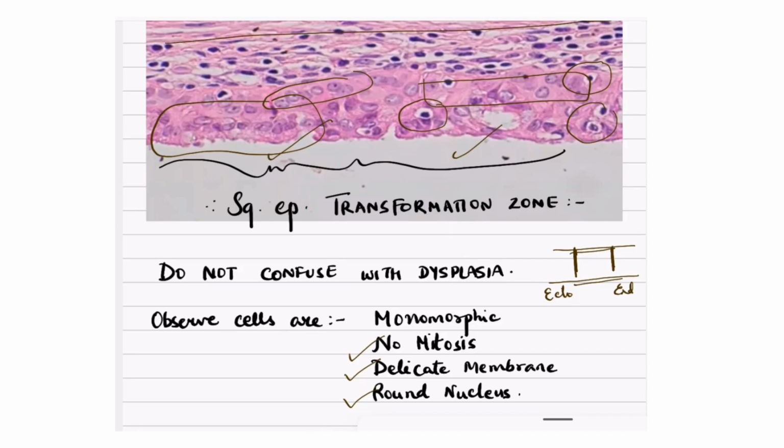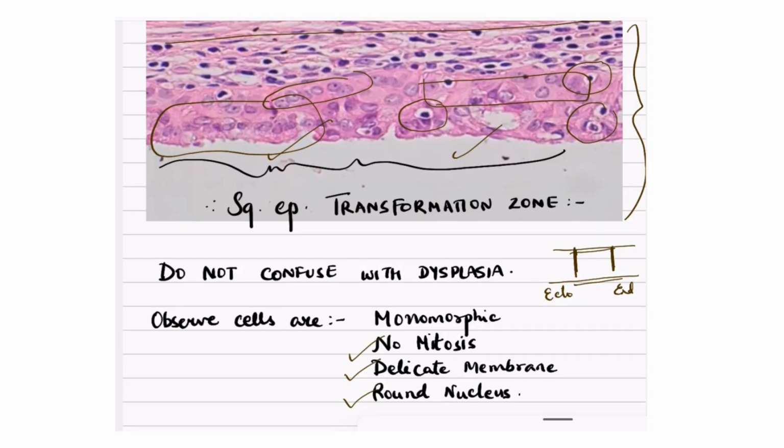But observe this, remember this, so that you do not report this as dysplasia, because once you write dysplasia, further investigations are done on the patient, which you actually do to a patient if you report positive for dysplasia.